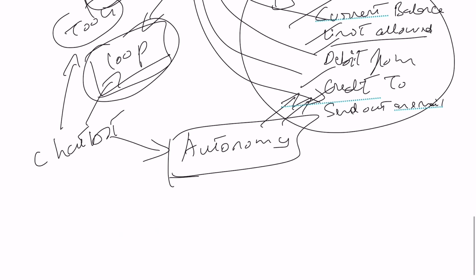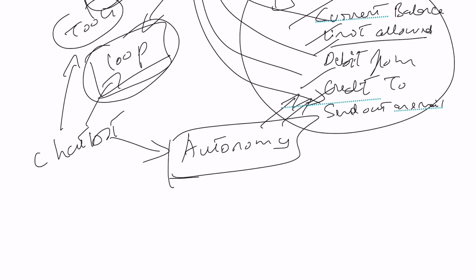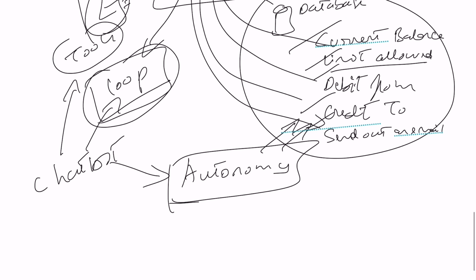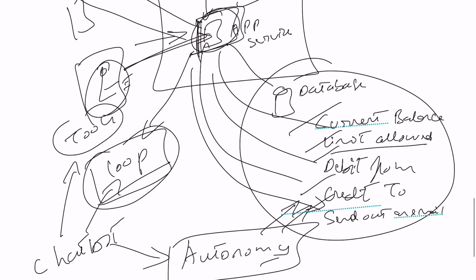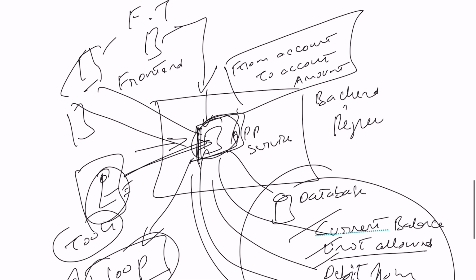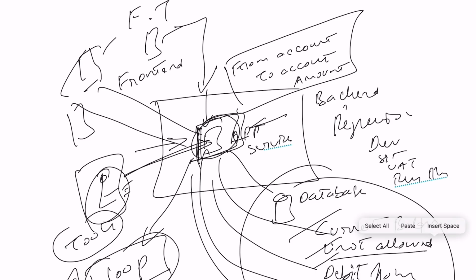But just one caveat I want to throw in over here is that if I give you a banking example, this goes through a lot of regression. That means before actually putting this autonomous service into production, it goes through a lot of processes like dev, SIT, UAT, then pre-prod, then blue green, and it goes into production.